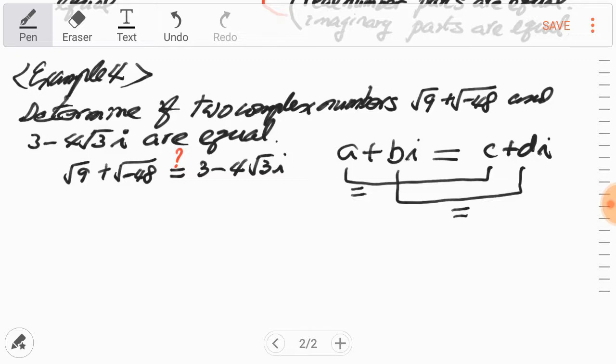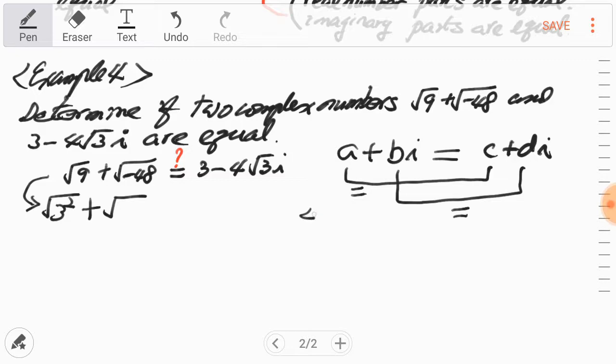So let's rewrite the first complex number in i form, because one of them is the square root of a negative. The square root of 9 is 3, and then the square root of negative 48.